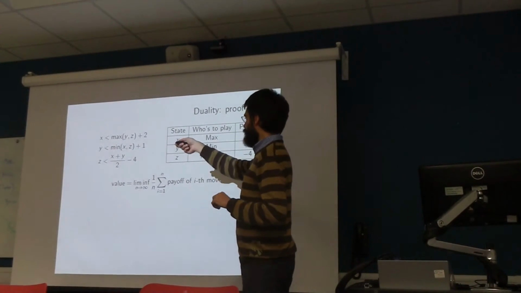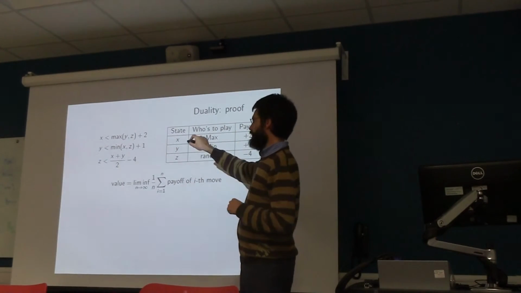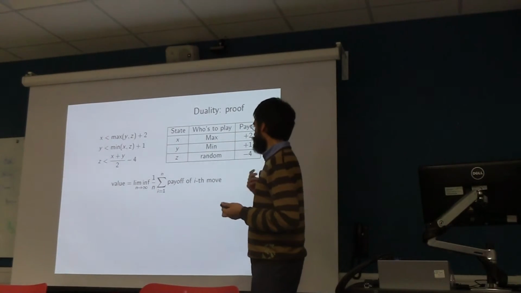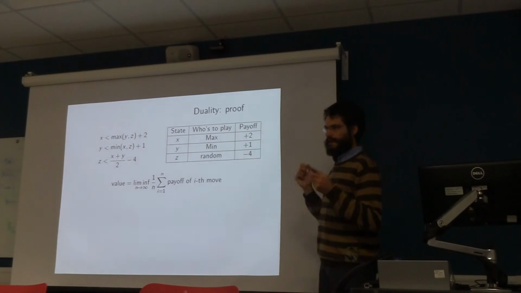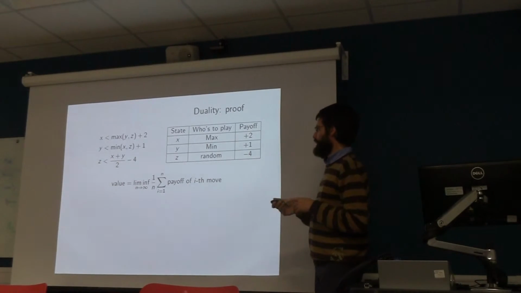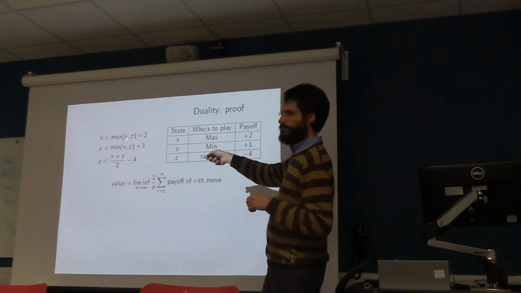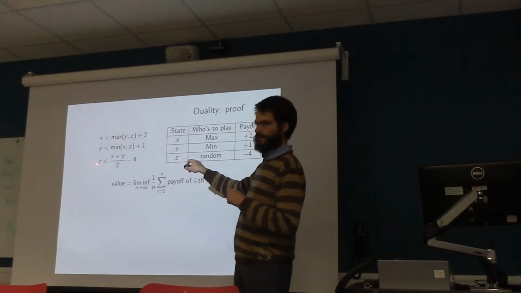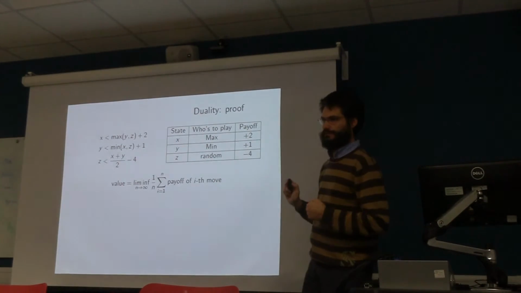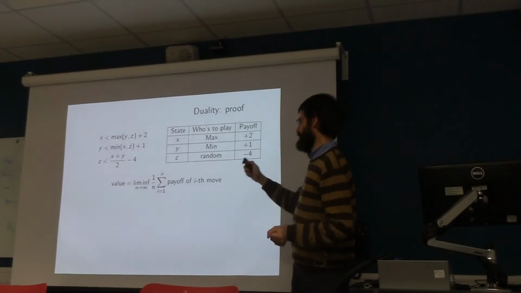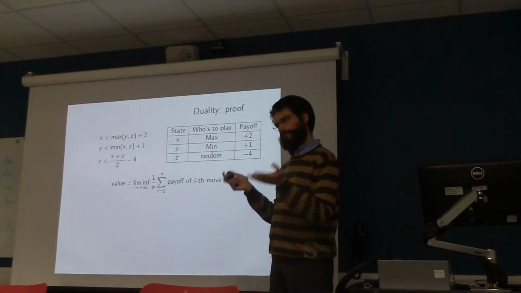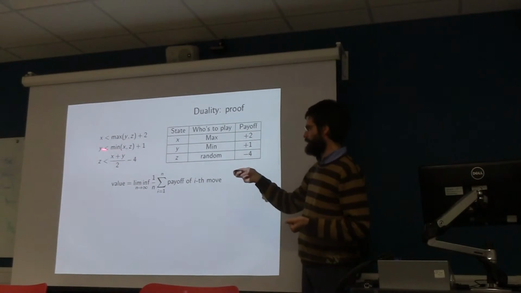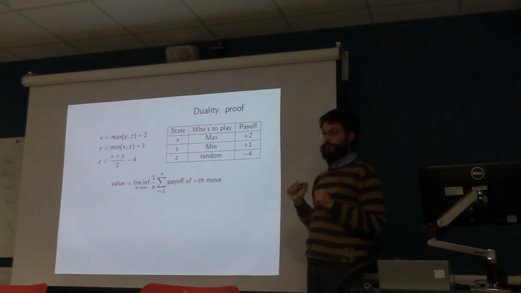So you start, let's say, from one of the states. For instance, we start from state X. Now the player Max decides what to play, and he might go to state Y or to state Z. If he decides to go to state Z, then it's random that chooses the move, and say maybe it turns out Y. So now it's player Min who gets to choose, and so on and so forth forever.